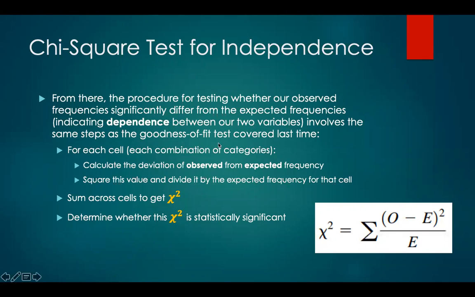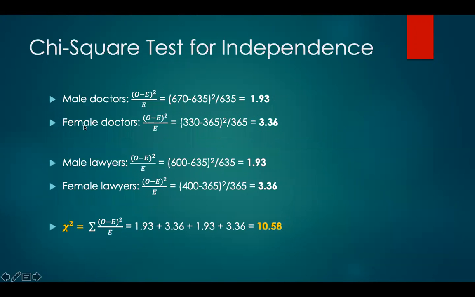For each cell, each combination of categories, of which we have 4, calculate the deviation of observed from expected frequency, square that value and divide it by the expected frequency for that cell. And then sum across these cells to get chi-squared and determine whether that chi-squared is statistically significant. And here it is with all the math worked out.